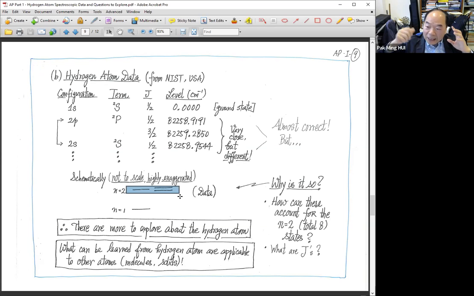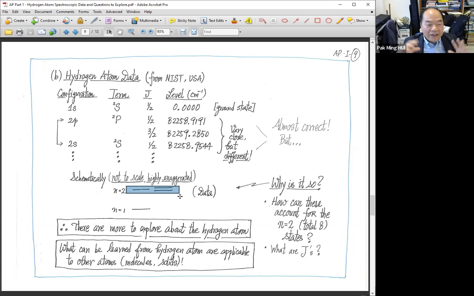We need to add in some small effect due to the spin of the electron interacting with its own orbital motion. Spin orbit interaction will tell us at least they should split, okay? But then there are other relativistic corrections that kick in to split them a little bit further.